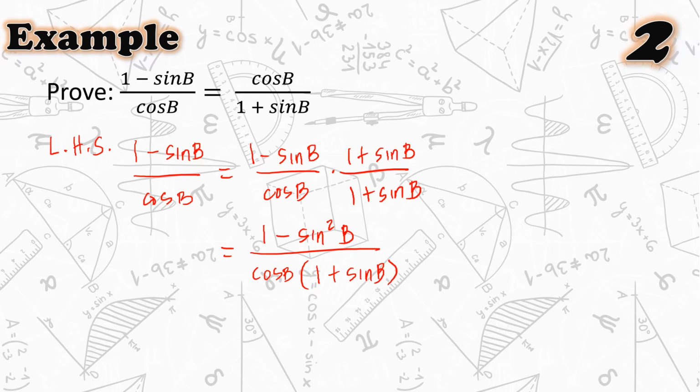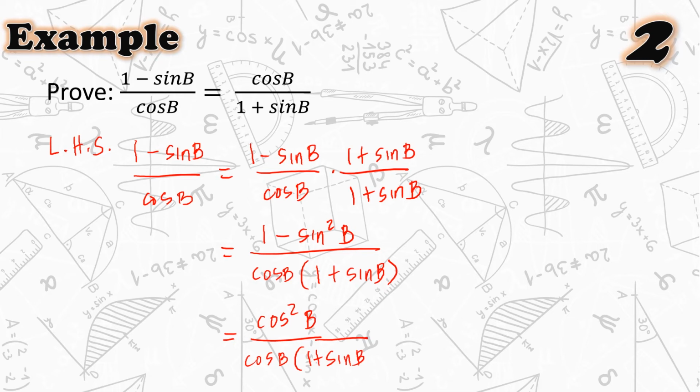Take note that we are manipulating the left-hand side until we reach an expression that is the same as the right-hand side. In the resulting expression, the numerator is equal to cosine squared b, using the Pythagorean relation. So we have cosine squared b over cosine b times 1 plus sine b.